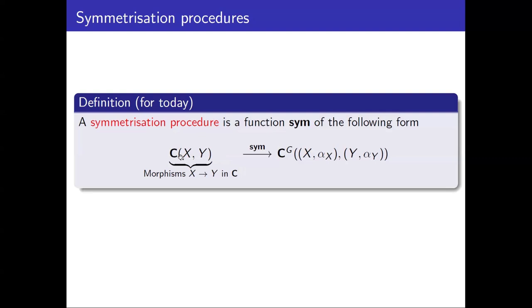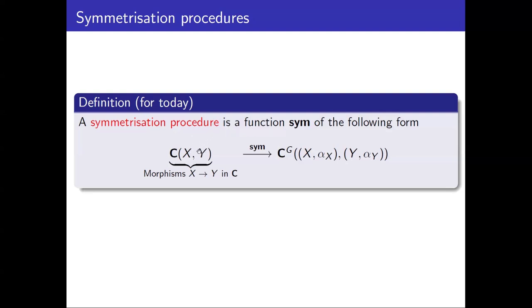This is a standard notation people use in category theory, where you denote the set of morphisms from X to Y in a category C as CXY. So this is like all Markov kernels from X to Y in your base category. They're completely unconstrained.